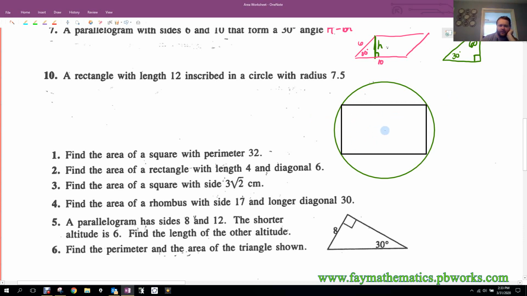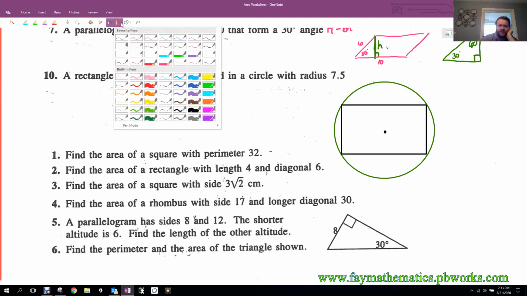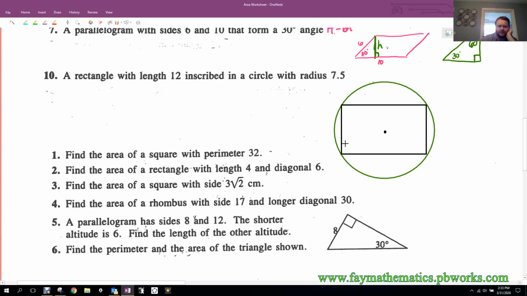That's the inscribed rectangle. What's going to be interesting here is that the circle center is right there, which also ends up being the place where that diagonal and that diagonal intersect. So I kind of missed it, but let's see here.